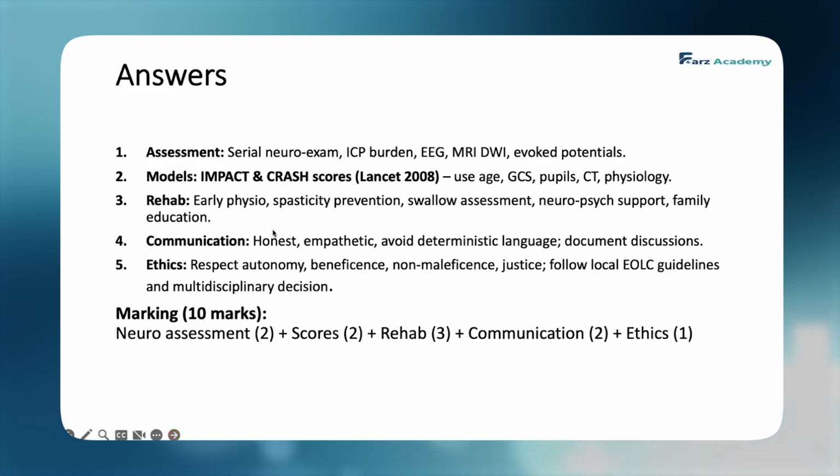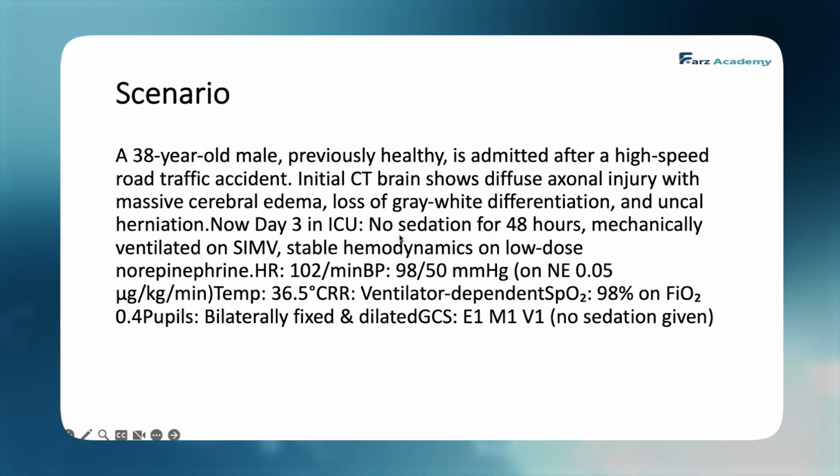So for these two, impact and crash course, please go through this, because they can ask about your impact, and then they can ask about the prognosis. And from here the case might go to another scenario, like your brain death kind of scenario.